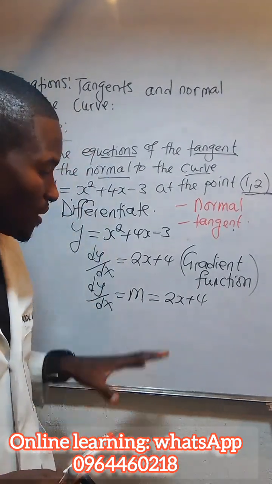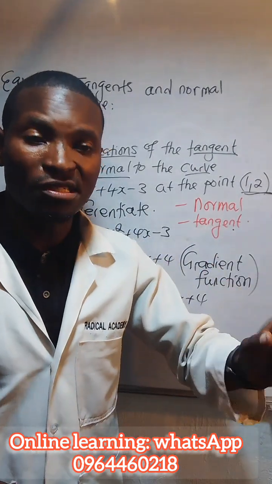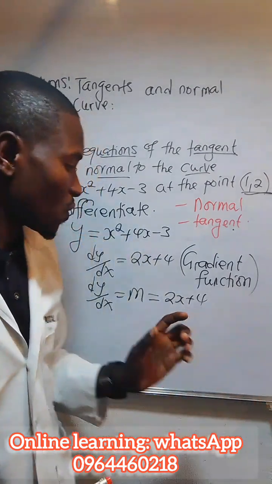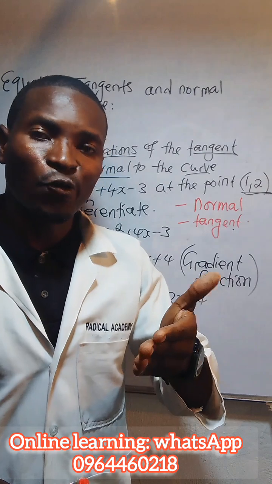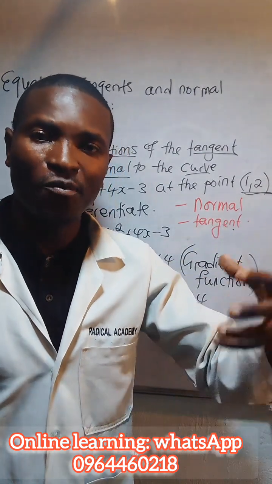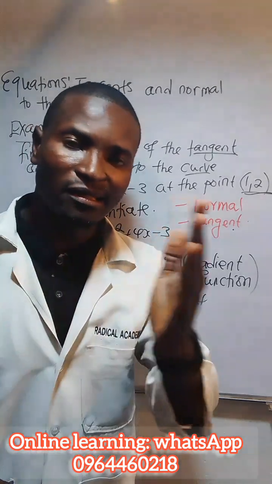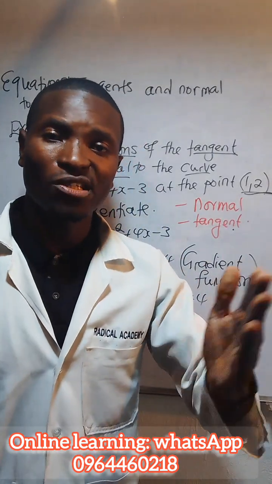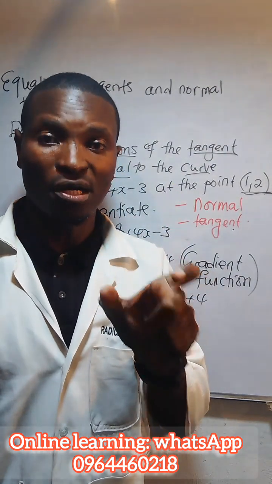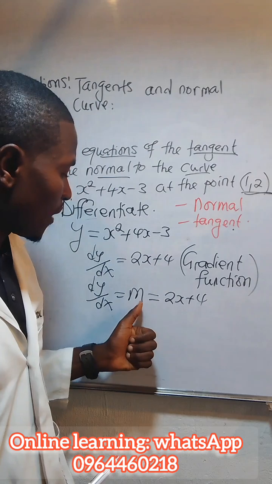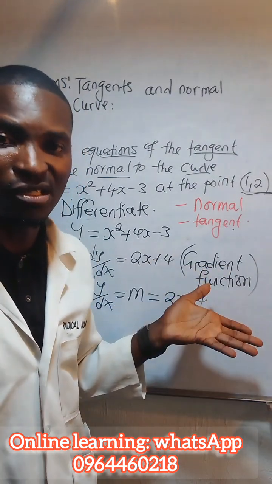What we're saying here is that dy/dx is simply the gradient function at a particular point. So dy/dx can be written as m, the variable for the gradient, because we know from the standard principle that the gradient of a straight line is represented by the variable m. So we can say m equals this gradient function, or rather the differential function.